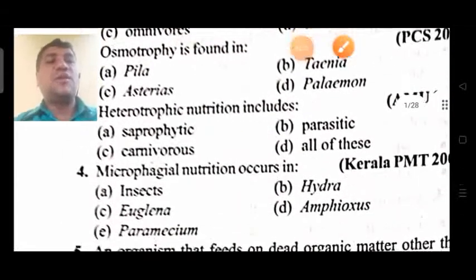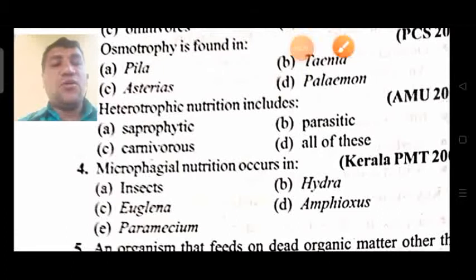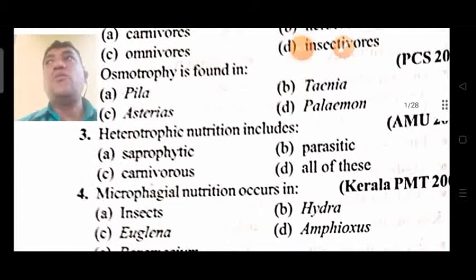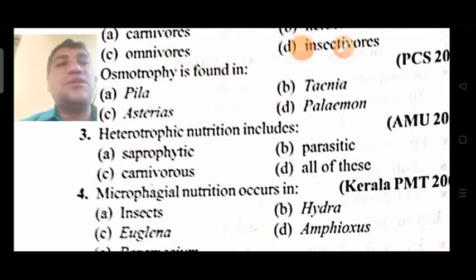Next, coming to the third question: heterotrophic nutrition includes. Hetero means different, different organisms forming the food. Autotrophic, you already know, is in plants. Auto means self-generating food. Human beings and most animals cannot generate their own food, so all are heterotrophic. In that, what are the heterotrophs?